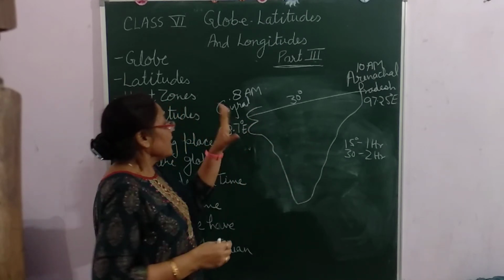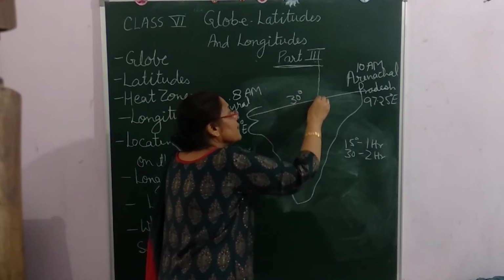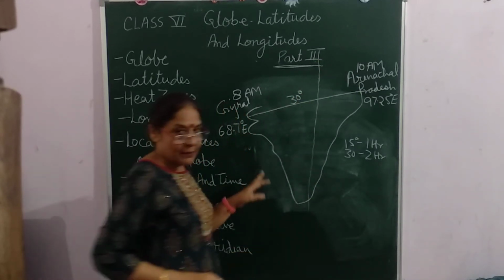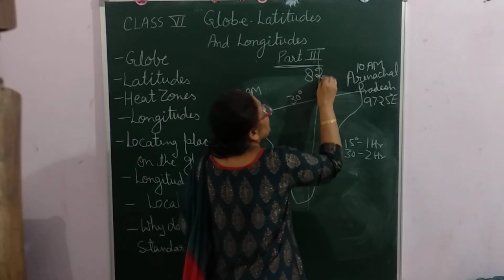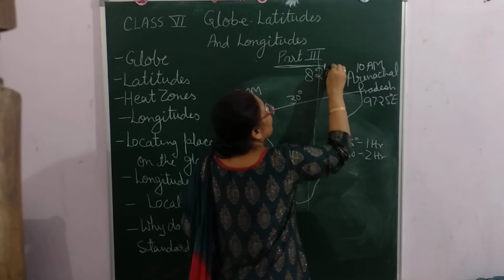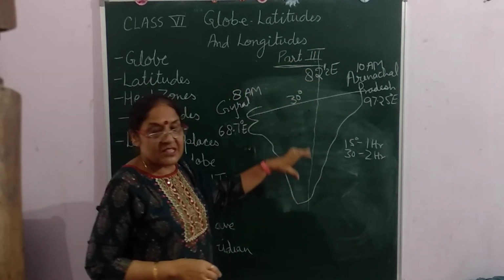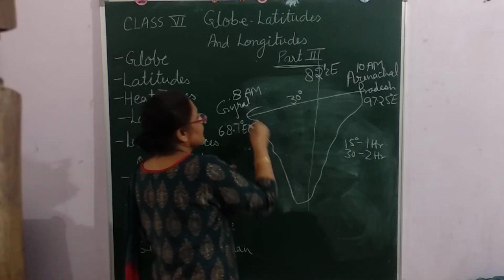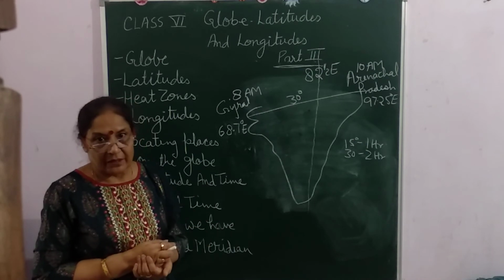Clear to everyone? That's why we have taken one meridian which passes through Mirzapur near Allahabad, and this meridian is at 82.5 degrees east. The local time of this meridian is observed as the time for the entire India to avoid the confusion.